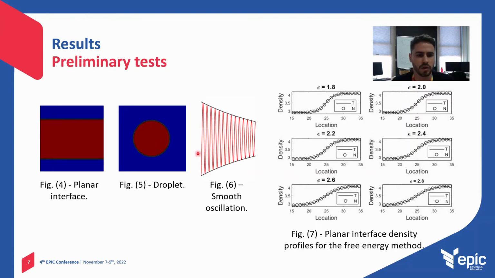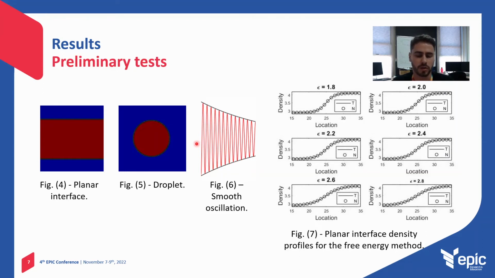And we also did a smooth oscillation test, which is not a multi-phase test. We consider that the system is an ideal gas, and then we perturb the density profile of the system and let the system oscillate, and then we see if this oscillation matches the analytical solution.